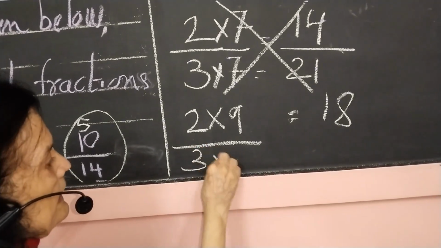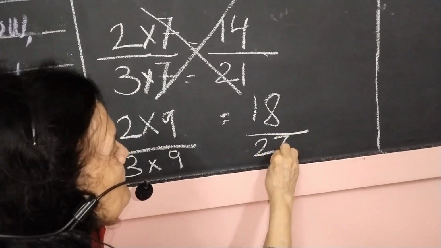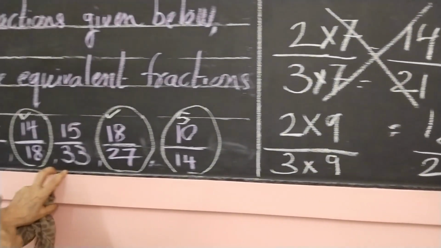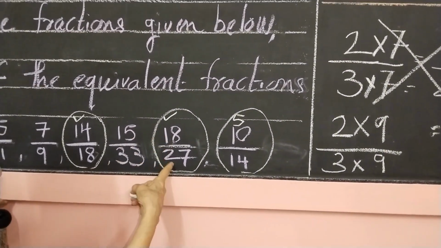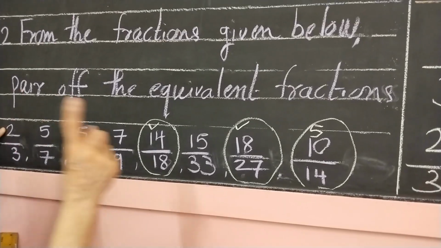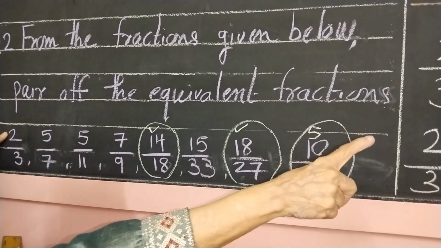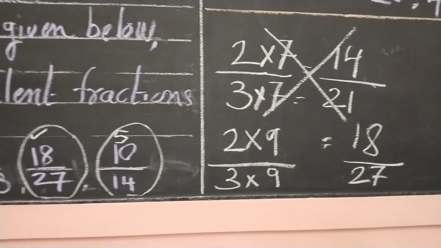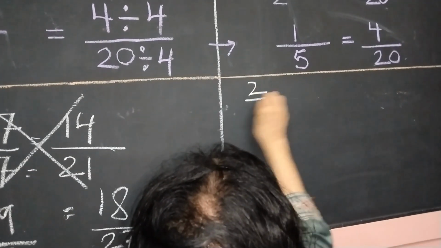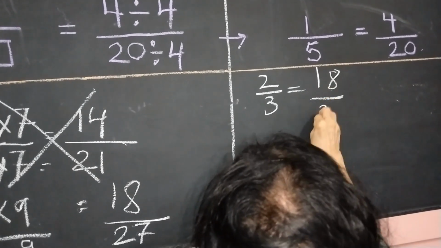So 3 into 9 is equal to 27. Now check whether this particular one is coming in our series. Yes, it is coming in our series. So this fraction is equivalent to this. Immediately we have to write it in our answer book: 2 upon 3 is equal to 18 upon 27.